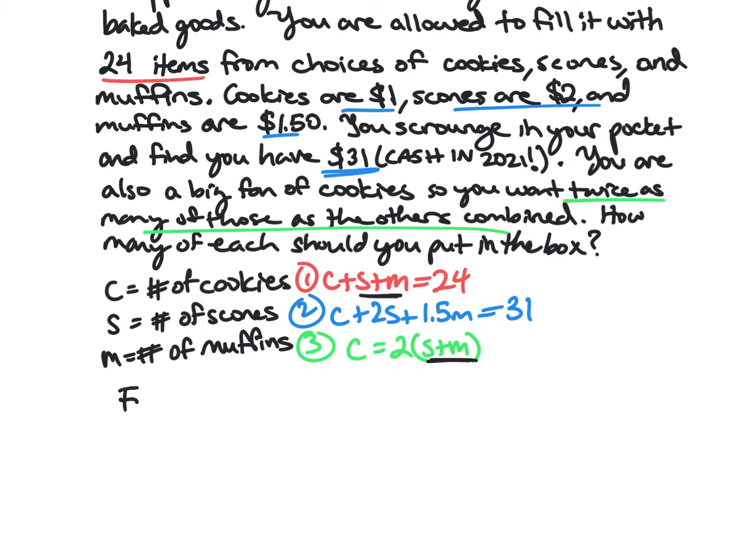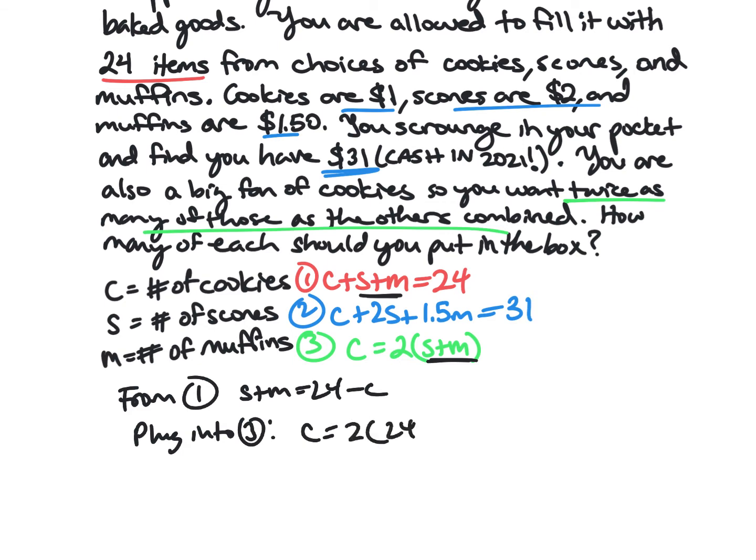So from 1, S plus M is 24 minus C. So plug into 3. And we get C is equal to 2 times 24 minus C, in which case we get C is 48 minus 2C, 3C is 48, so C is 16.